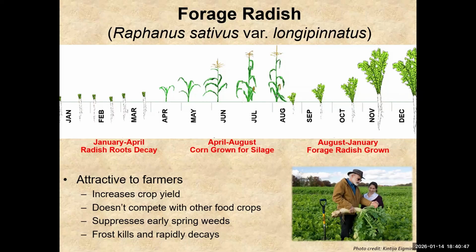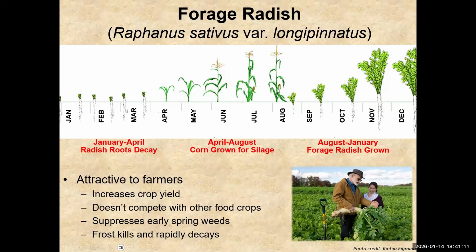So there had been an increased interest among farmers in growing forage radish as a winter cover crop because they wanted to achieve multiple soil and environmental benefits. Now, this forage radish typically is planted immediately after the farmers harvest the corn silage in mid-August.